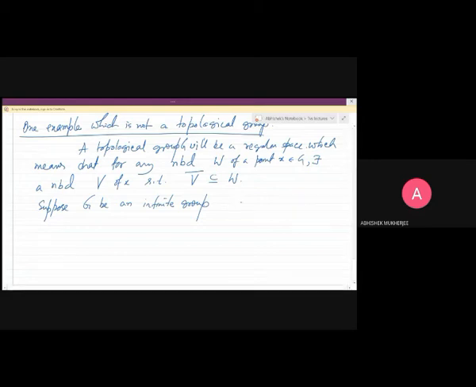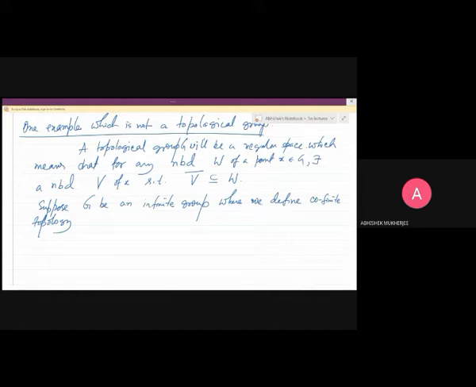where we define the co-finite topology. Now, what does it mean by co-finite topology? The open sets are either empty, or if non-empty, then their complement will be finite. That is, a set is open if and only if either it is empty, or if it is non-empty, then its complement will be finite.